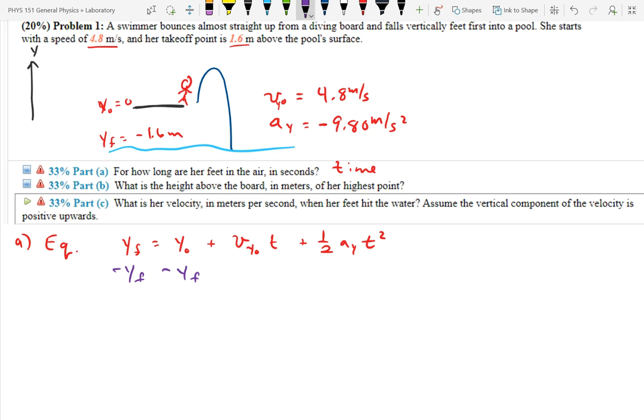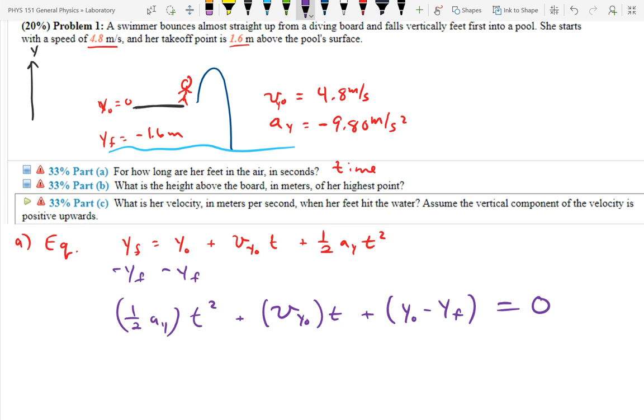And what I will have is 1/2 ay times t squared plus vy0 t plus y0 minus y final equals 0. So there I've done what Eric said, set it equal to 0, and then what?